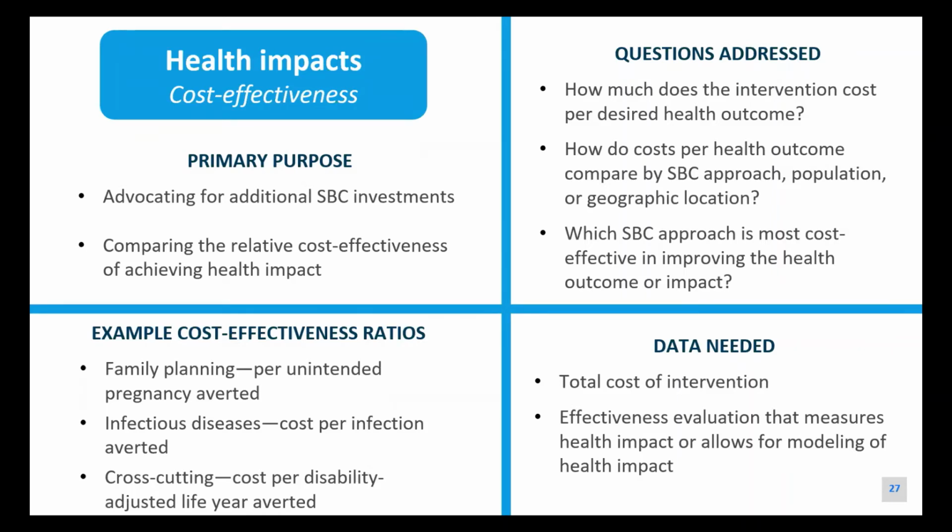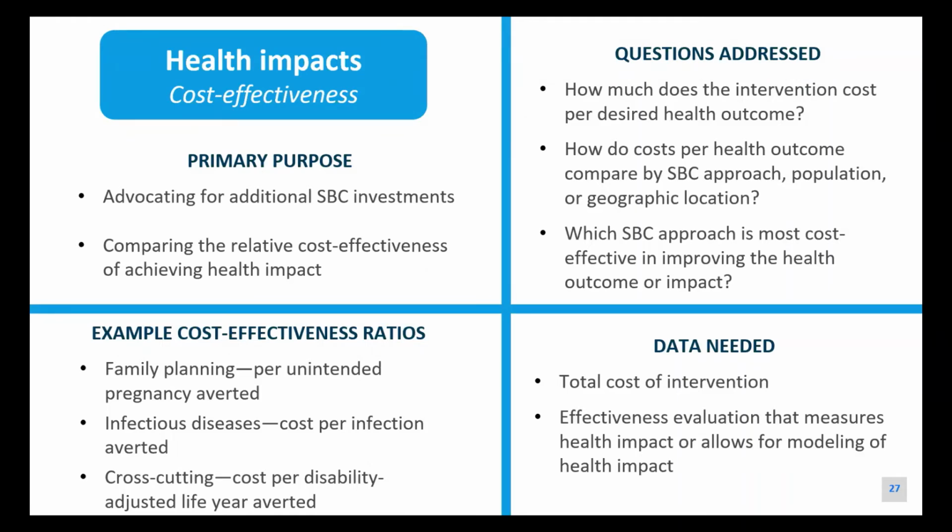Denominators that are cross-cutting of health areas include the cost per life saved, or the cost per disability-adjusted life year averted, or DALY averted. These are particularly useful in comparing to established cost-effectiveness benchmarks. In our work at Avenir, we've used the cost per DALY averted in the business cases to compare results to a country's gross domestic product, and then used the World Health Organization's thresholds for cost effectiveness to look at the results.